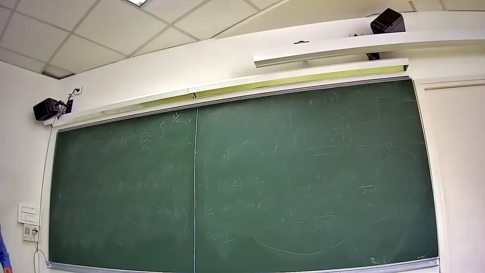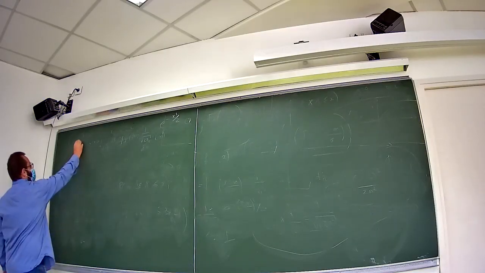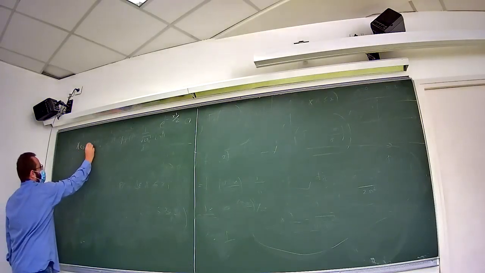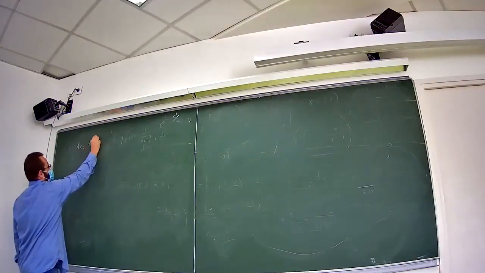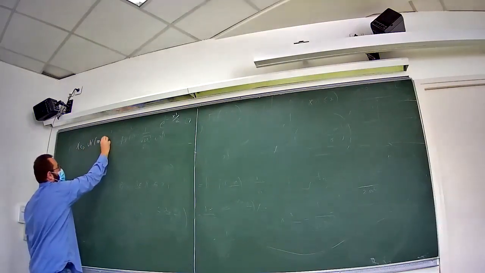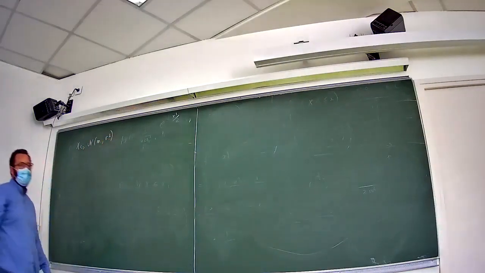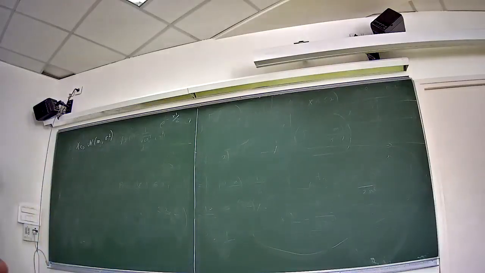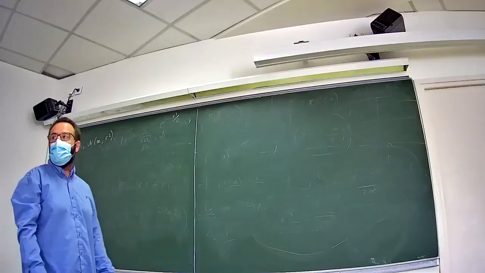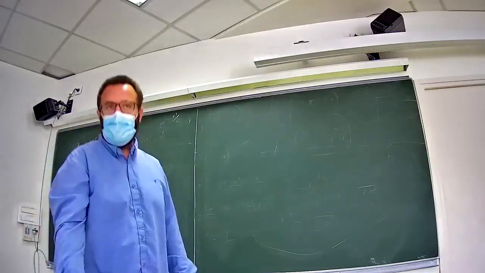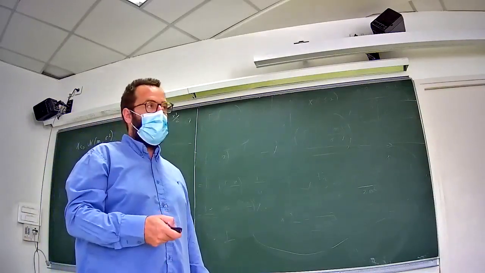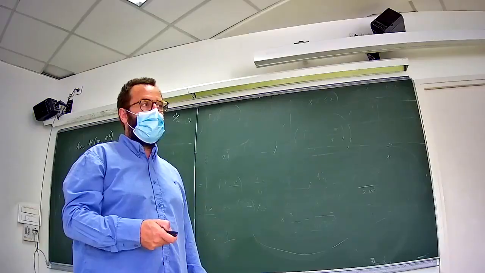Second statement. I suppose that X follows N(m, sigma squared). Okay? And I want to prove that if I transform it linearly, so it's a generalization of what I have obtained previously, but here I don't start from N(0,1), I start from N(m, sigma squared).